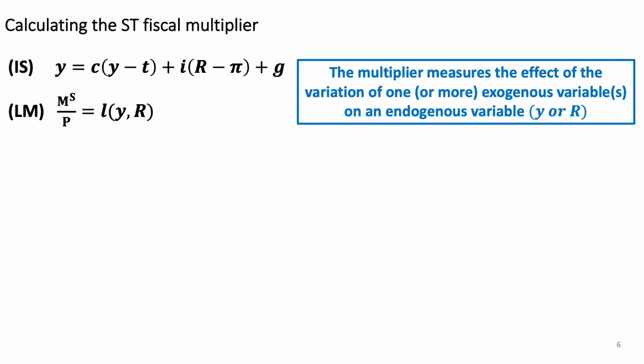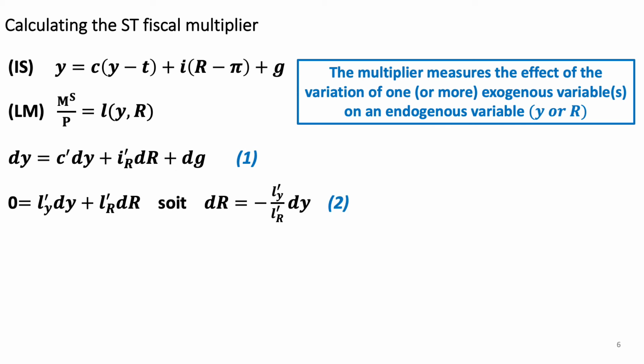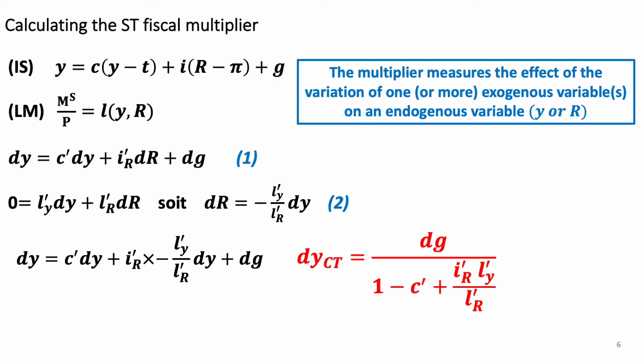To do this, we start from the equations IS and LM, and we differentiate them with respect to dy, dr, and dg. After that, we play around a little bit with LM to isolate dr, and then we replace dr in the IS equation. After doing some simple math, we obtain the multiplier dy in the case of an increase in public spending.